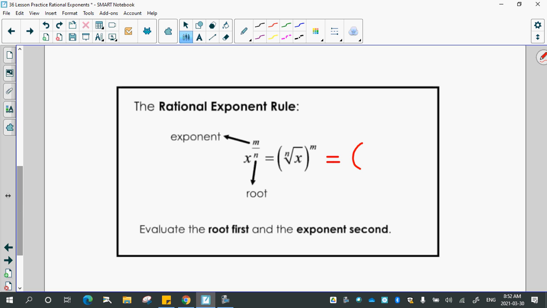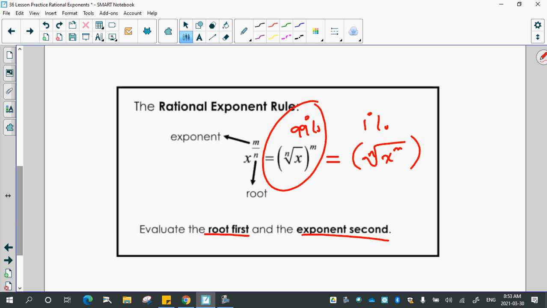Remember I said 99% of the time this is how you're going to look at it. 1% of the time you'll do the exponent first and then take the nth root. So they both work. But when we're evaluating, this is the way we're going to do it most often. So most often you evaluate the root first and the exponent second.